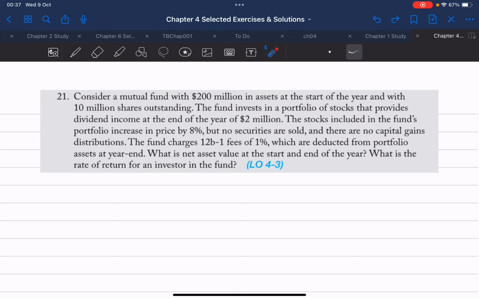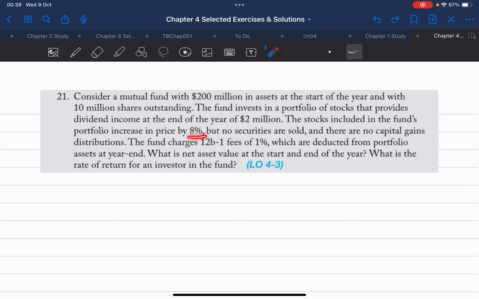The question says, consider a mutual fund with 200 million in assets at the start of the year and with 10 million shares outstanding. The fund invests in a portfolio of stocks that provides dividend income at the end of the year of $2 million. The stocks included in the fund's portfolio increased in price by 8%, but no securities are sold.